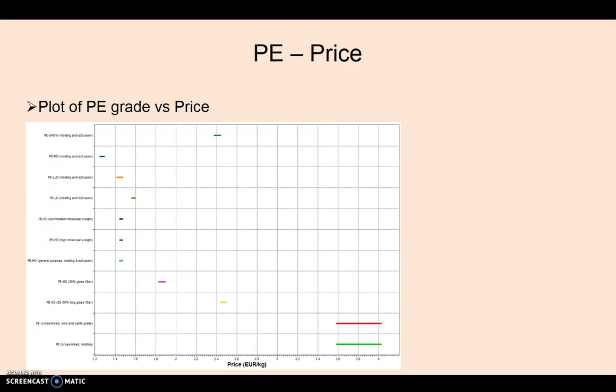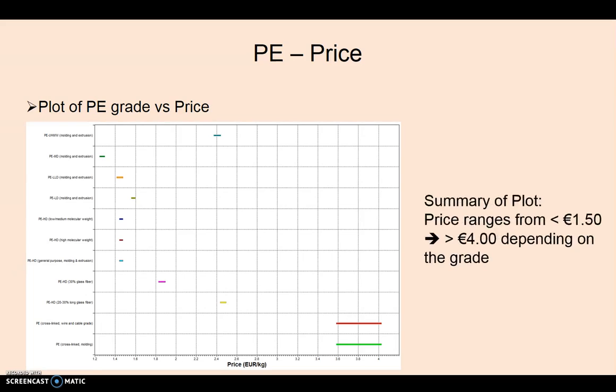We can see that the polyethylene medium density, molding and extrusion grade has the lowest price. However, when we look at some of the polyethylene cross-link grades, that has increased significantly. It ranges from less than €1.50 per kg to greater than €4 per kg, again depending on what the grade is.